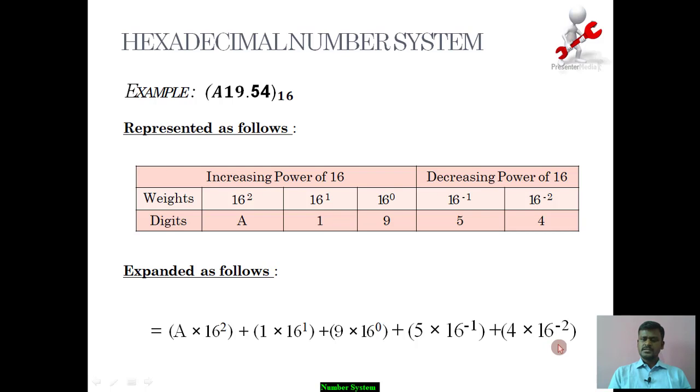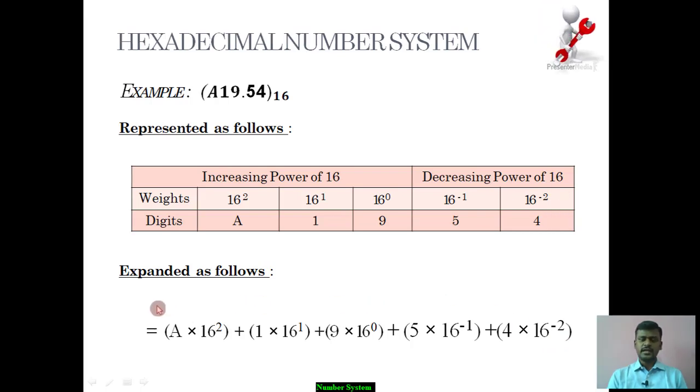So like this we can expand any hexadecimal number by writing the table like this. If you know how to write this table and this expression, you can represent any hexadecimal number. So this is how any hexadecimal, decimal, octal or binary values can be represented.